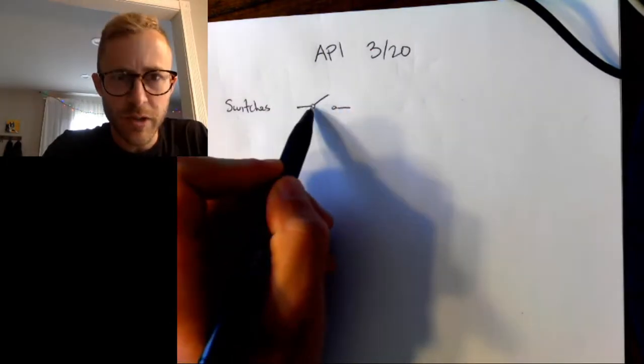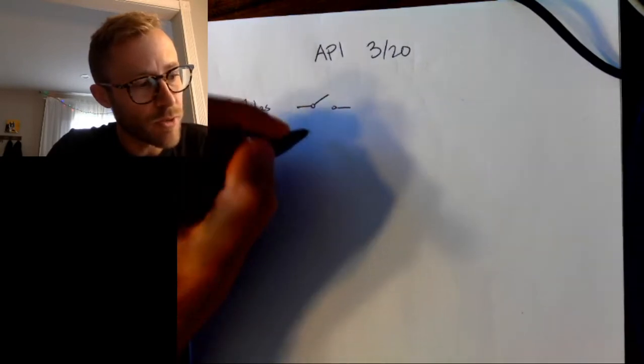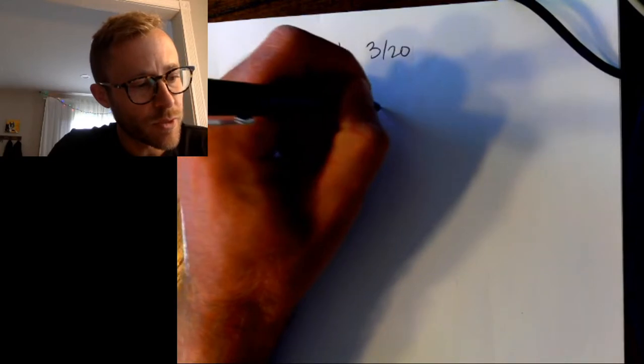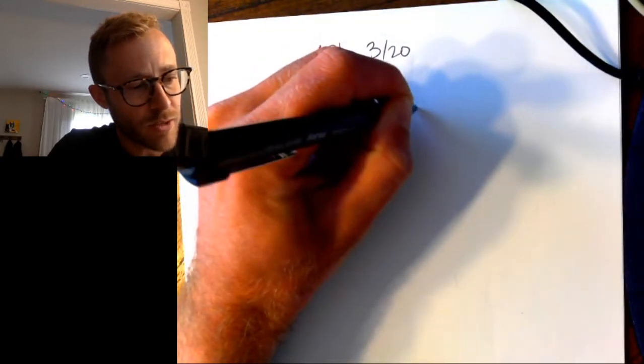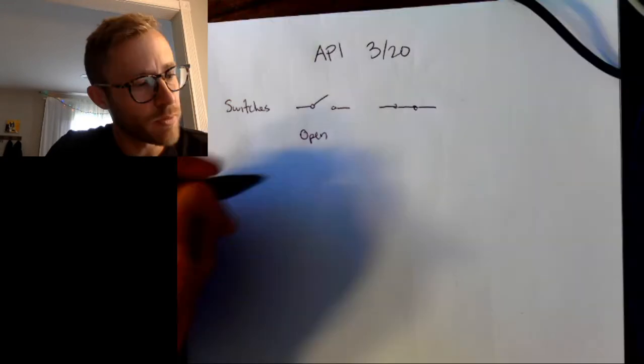So this is the switch in the open position. Okay, so this is a switch in the open position, and if the switch is down like that, that's a switch in the closed position.